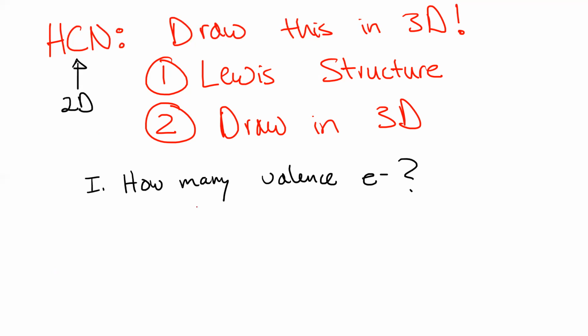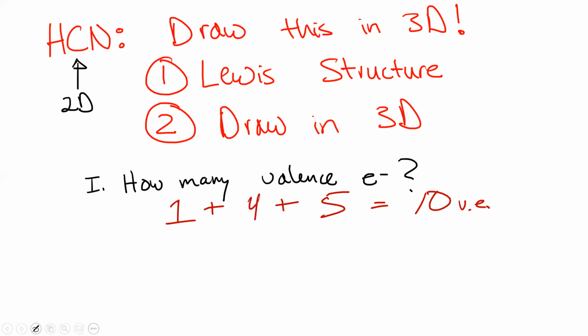In HCN, how many valence electrons per hydrogen? Oh, I'm sorry, one. No worries, it's all good. See, look at that. You're on top of it. How about carbon? 4. Perfect. And finally, nitrogen. 5. Nailed it. 10 total valence electrons.